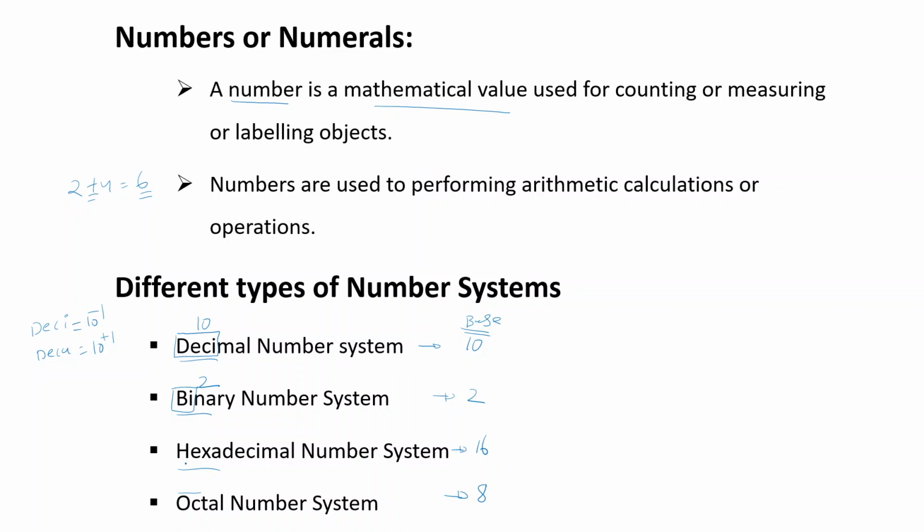Now coming to hexadecimal, hexa means 6 and decimal means 10, so 6 plus 10 is equal to 16. Octa means 8. We know pentagon and hexagon: pentagon means 5 sides, hexagon 6, heptagon 7, octagon 8, and nonagon 9. Based on these numbers they put names on the different number systems. Now coming to the importance of base.